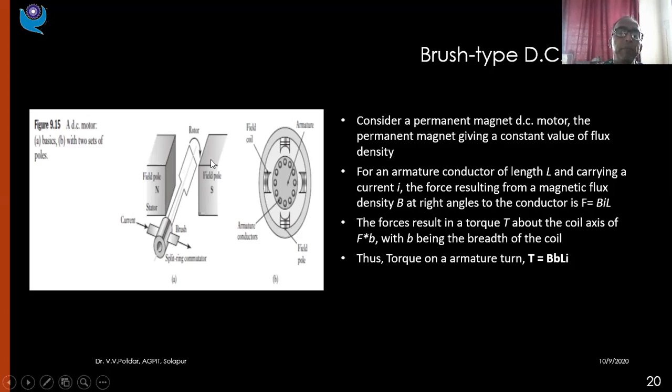So we have a permanent magnet as the stator, and the rotor has a commutator, a slip ring commutator. The slip ring commutator is a slotted type of commutator, and these are the brushes through which the supply voltage is given to the rotor coils.